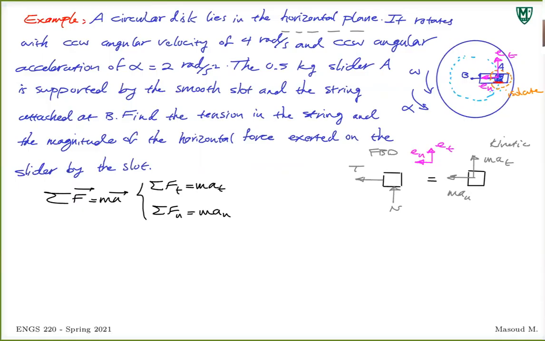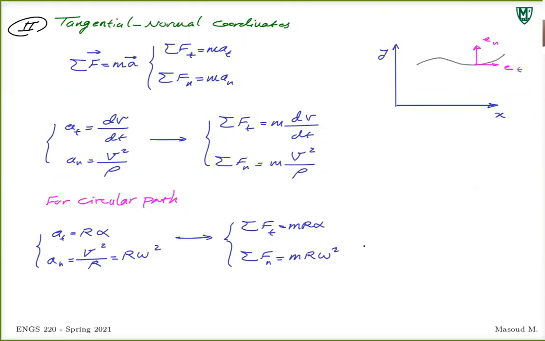This slider is moving on a circular path. So that will give me AT as R alpha and AN as R omega squared, for a circular path.